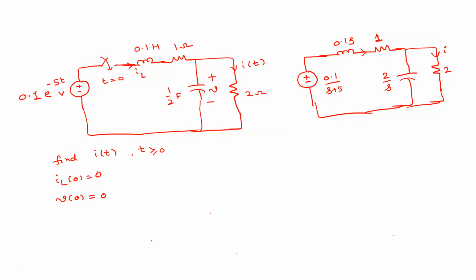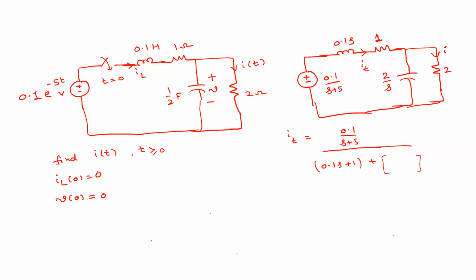So what is the total current in this circuit? These two will come in parallel. Agree? So let us assume that this is IT. So what is the total current? 0.1 by S plus 5 divided by 0.1 S plus 1, plus the parallel combination of these two.